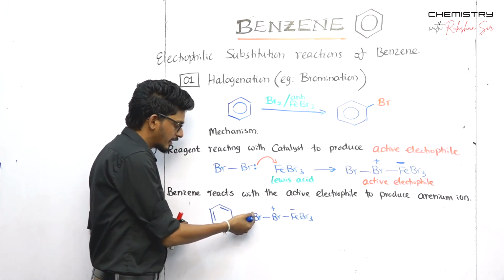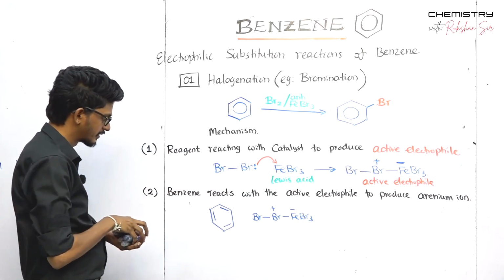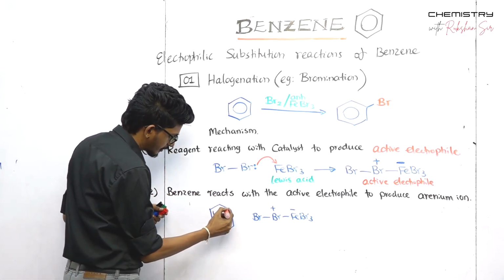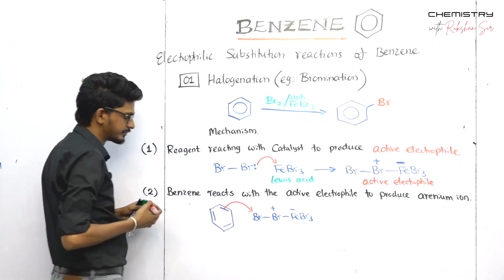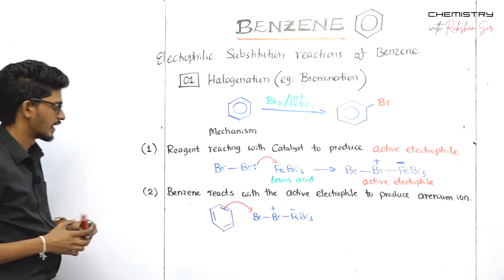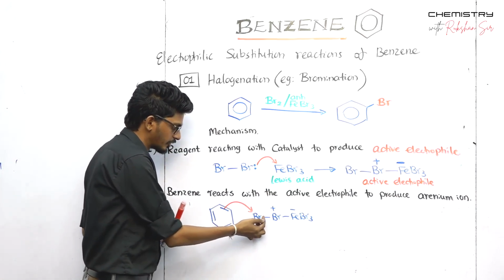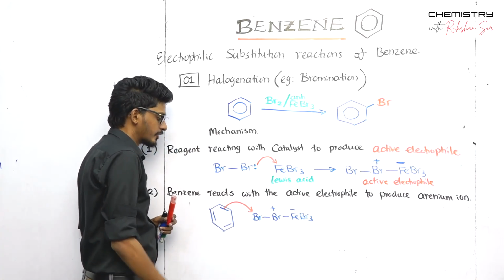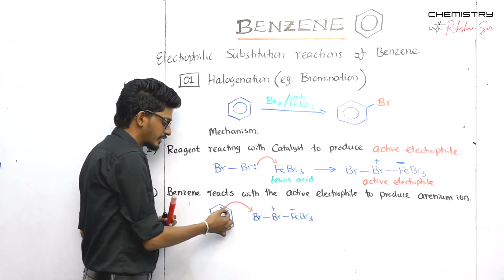So you will create a greater positive charge on this bromine. Towards that positive charge, the ring electrons will attract, because the electrons are attracted heavily towards the Br. So towards this delta positive charge, these electrons will attract.